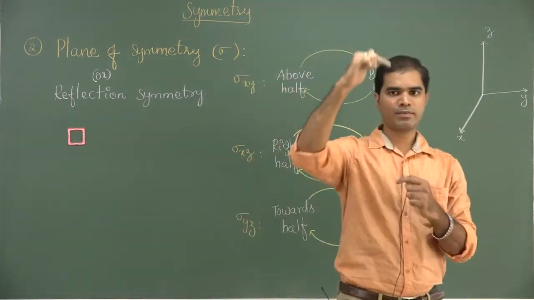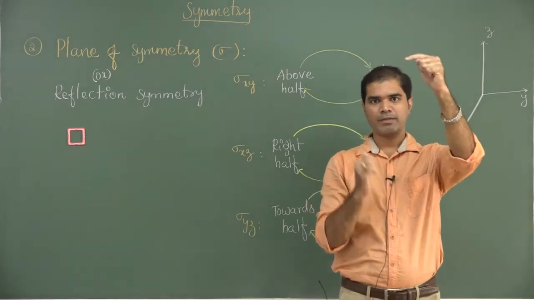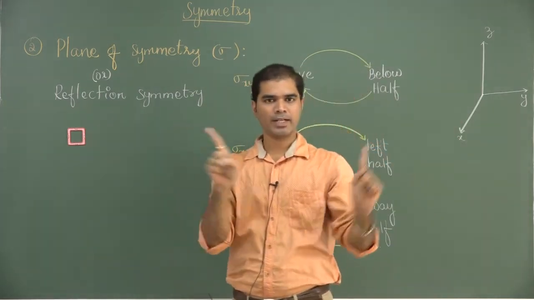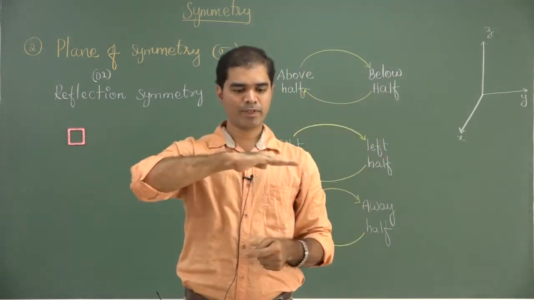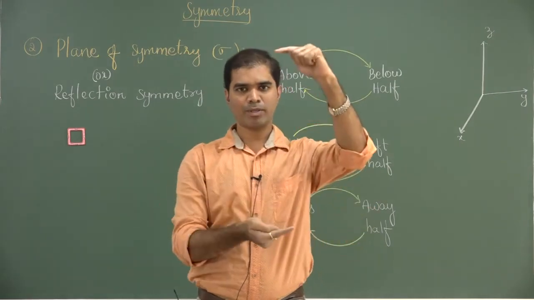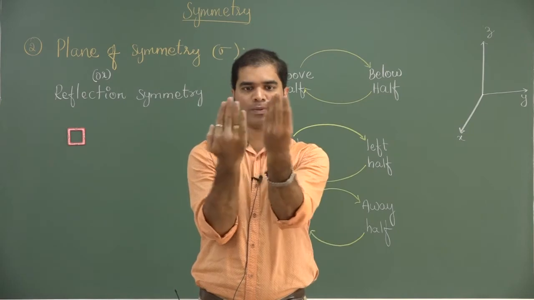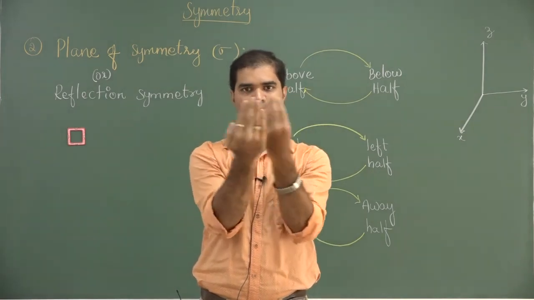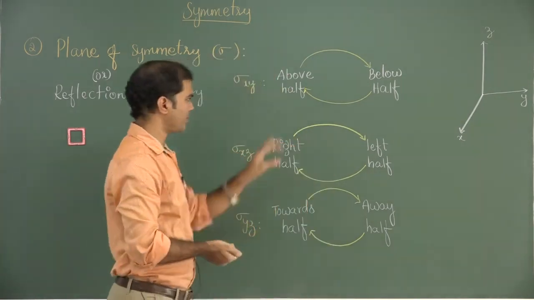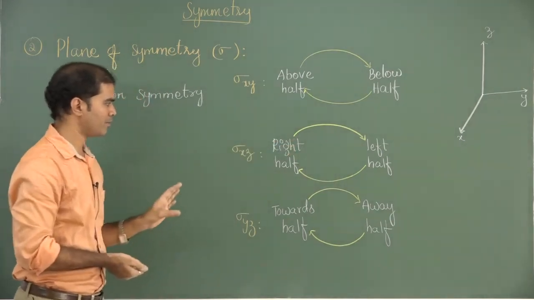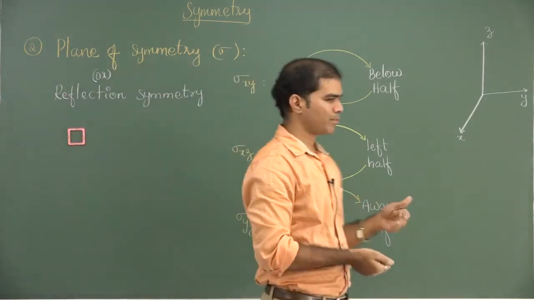Whenever we pass xy, top and bottom will exchange. Whenever we pass xz, right and left will exchange. And whenever we pass yz, the towards-you and away-from-you halves will exchange. So this is with respect to the three planes. Now once you have understood this, then we'll take up some molecules.